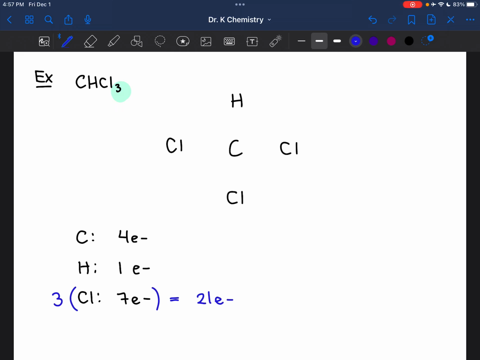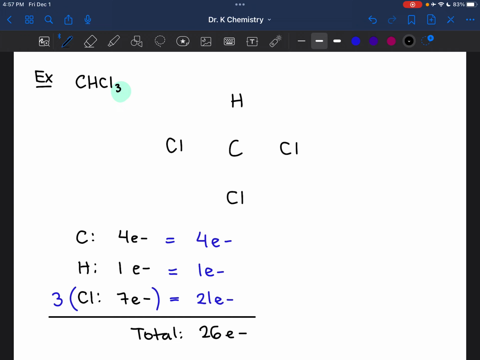So there are 21 valence electrons coming from chlorine, 1 from hydrogen, and 4 from carbon. And then I'm going to add all of that up, and we are getting a total of 26 valence electrons. So that's a lot. I'm going to go through and distribute them all just like we did before.